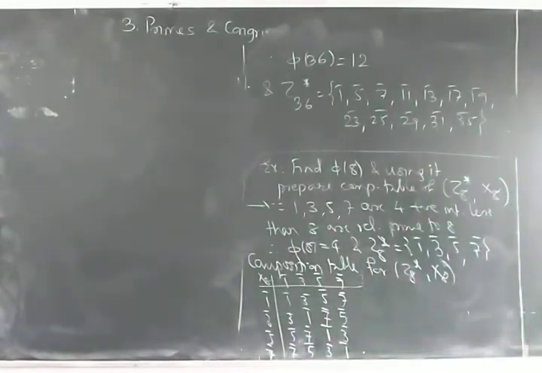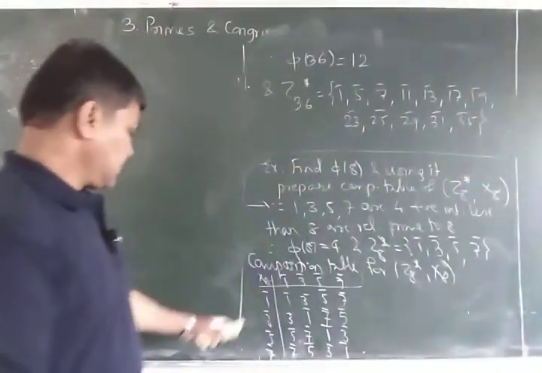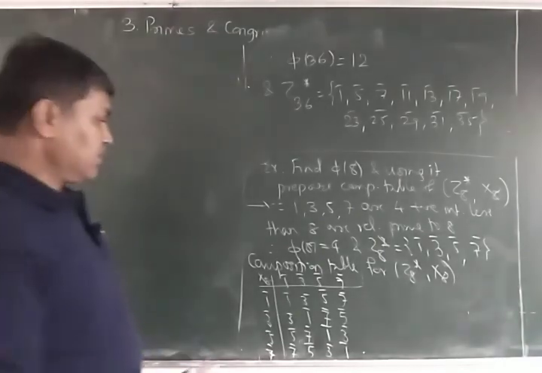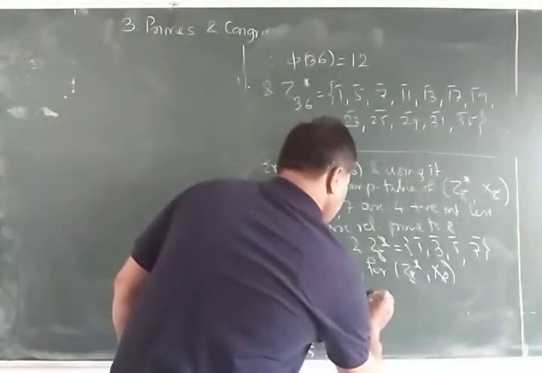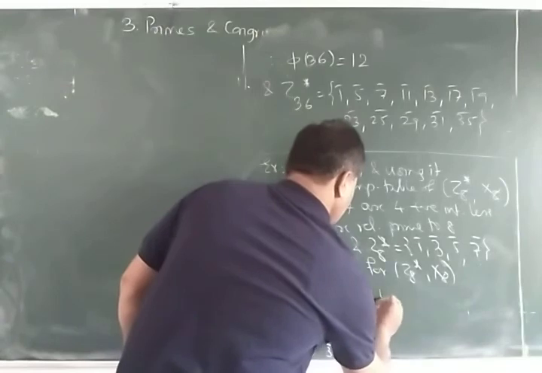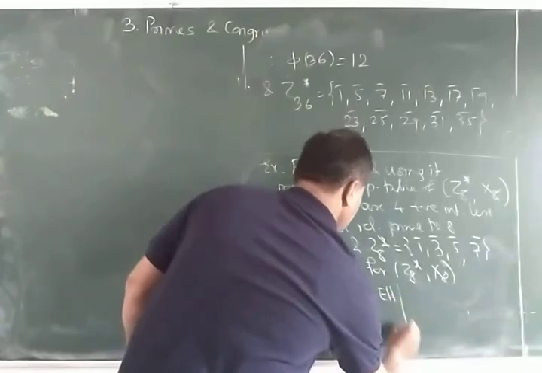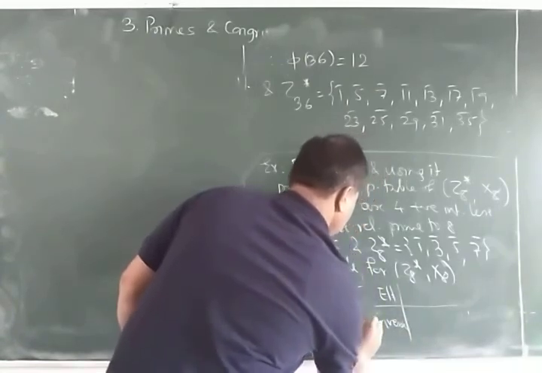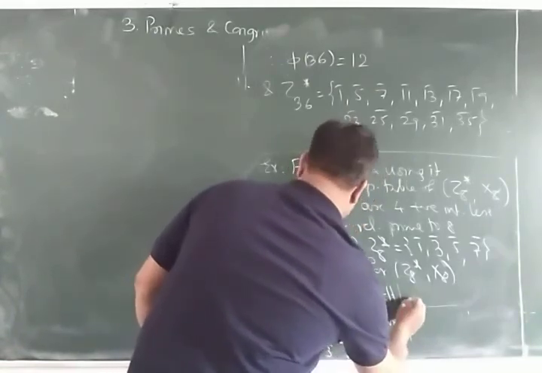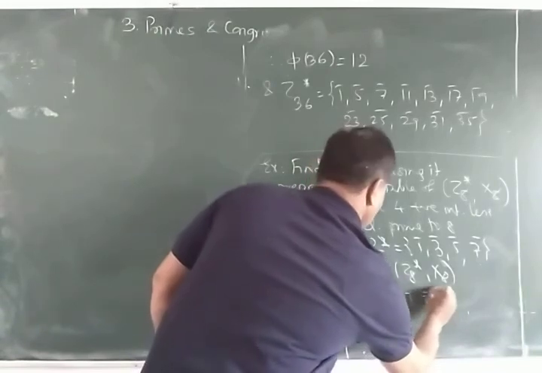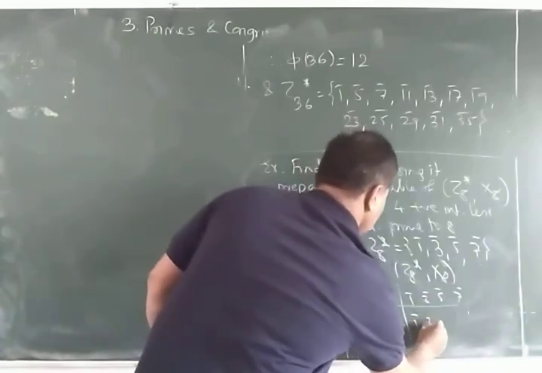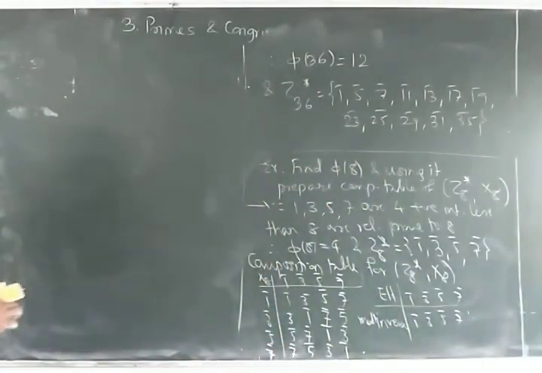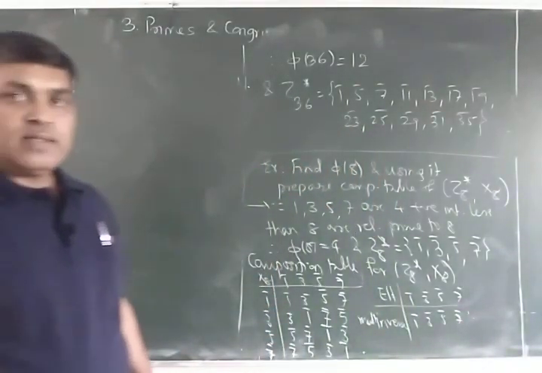And then you can write multiplicative inverses. For 1 bar, 3 bar, 5 bar, 7 bar, their inverses are themselves.